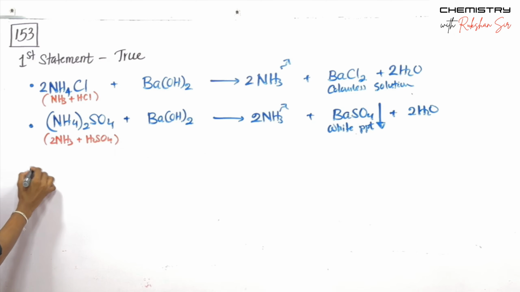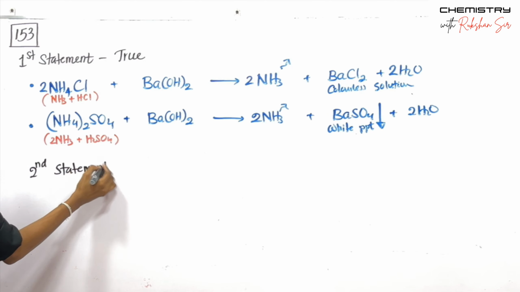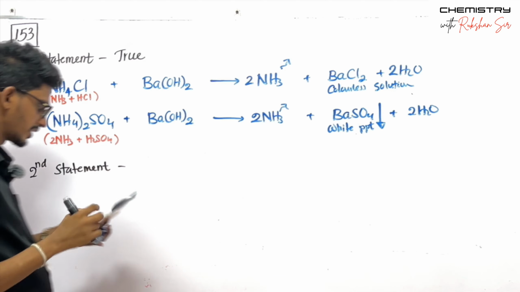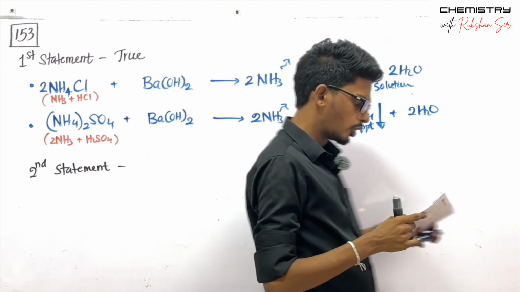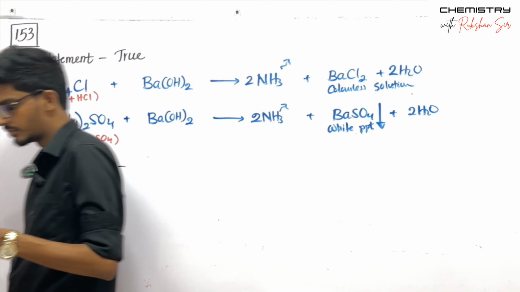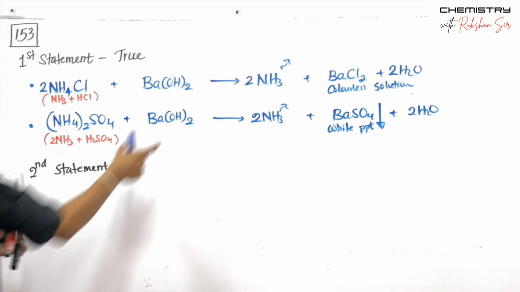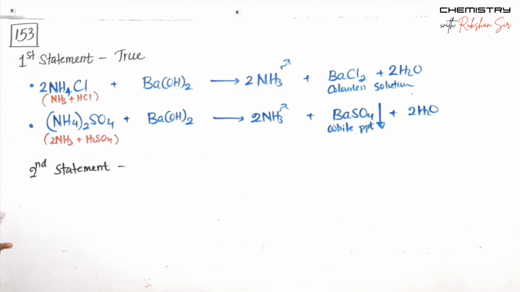Let's copy the second statement. See what it says. Both compounds NH4Cl and NH4 sulfate form ammonia with barium hydroxide. Yes, ammonium salts when reacting with strong bases produce ammonia, right?